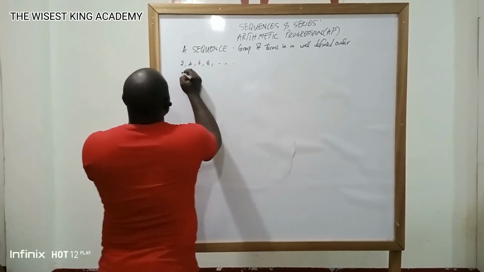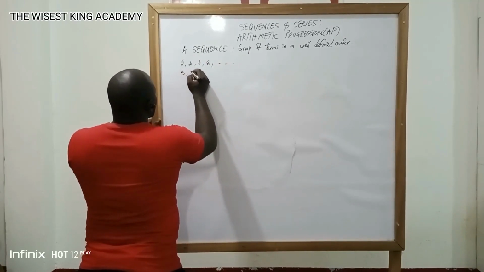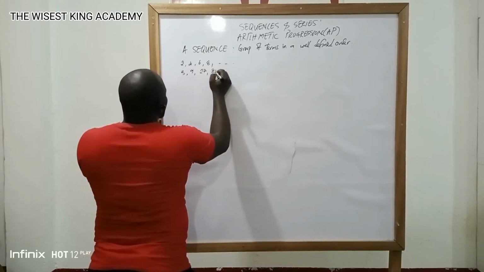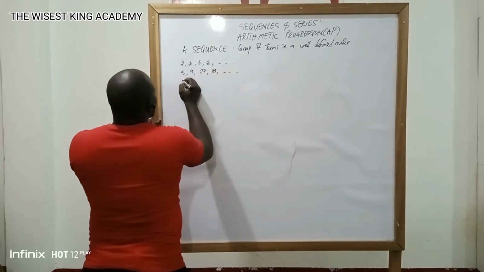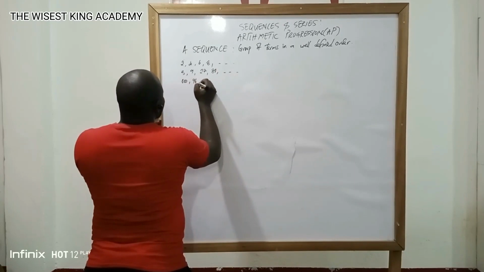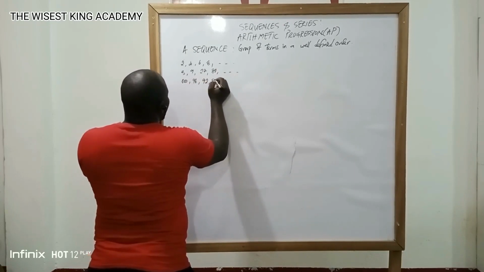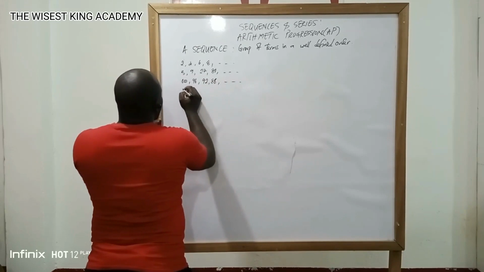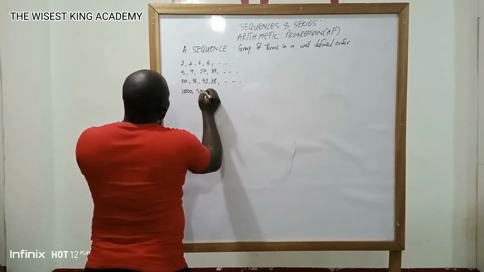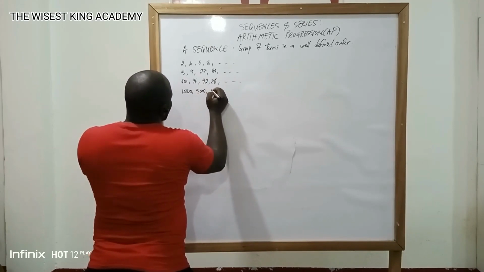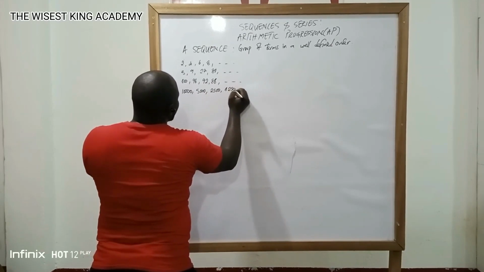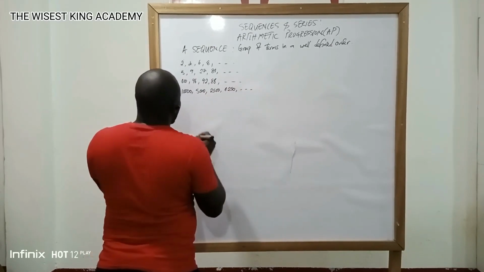We have 3, 9, 27, 81. We have 100, 96, 92, 88. We have 10,000, 5,000, 2,500, 1,250, and so on and so forth.